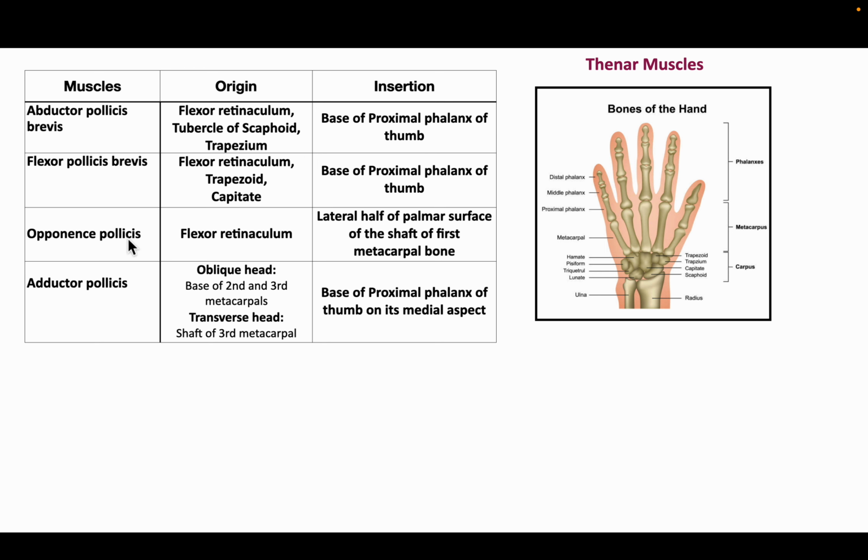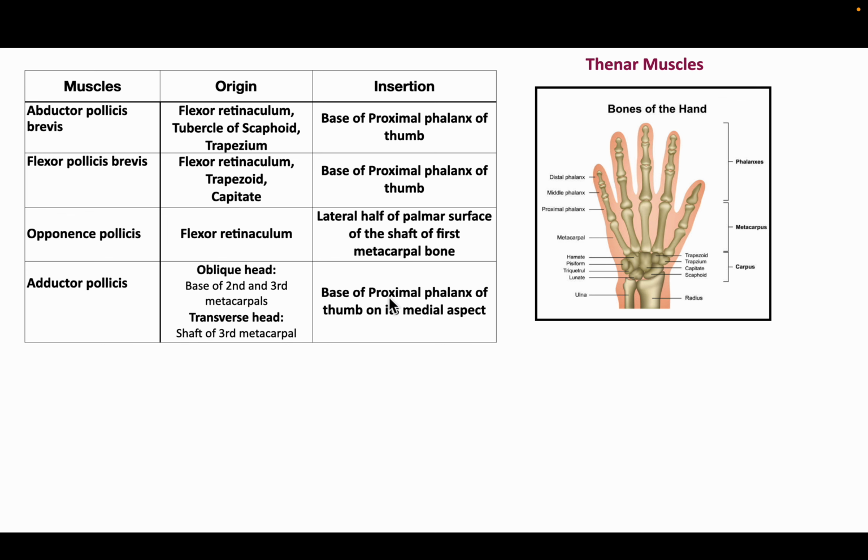Then coming to the opponens pollicis, it is getting origin from the flexor retinaculum, but the insertion is to the first metacarpal. So this is the first metacarpal. The lateral half of the palmar surface of the shaft of the first metacarpal bone receives the insertion of opponens pollicis. Then adductor pollicis has two heads, oblique and transverse.